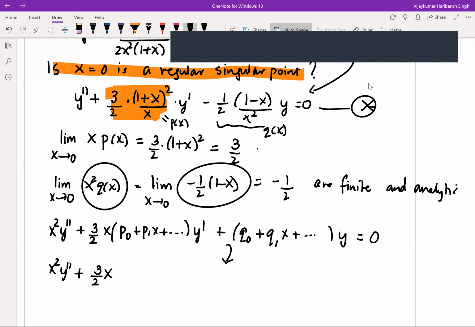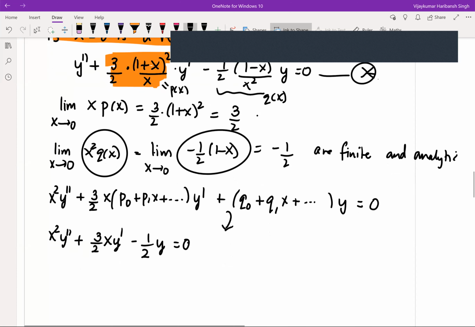So we get 3 by 2 x y prime minus half y equals to 0. Yeah.